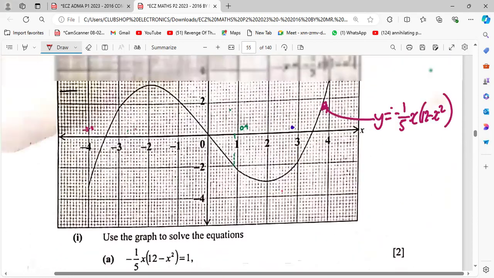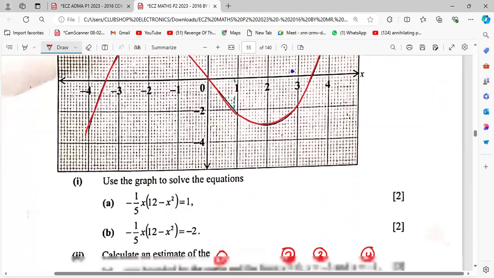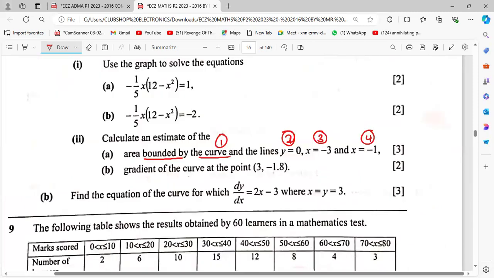So we'll come back to our curve. We want the area that is bounded by the curve, which is this graph, number 1. Then the other one is y is equal to 0.